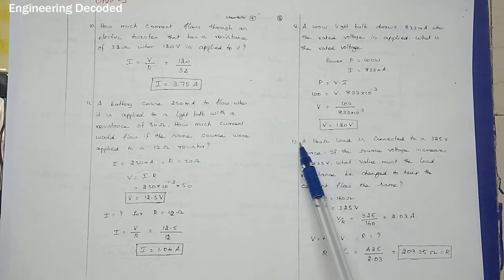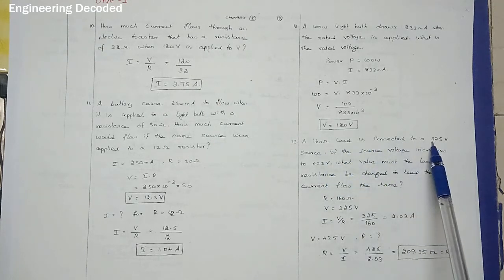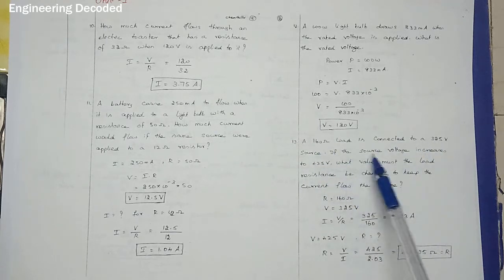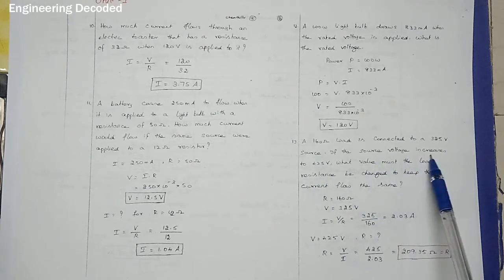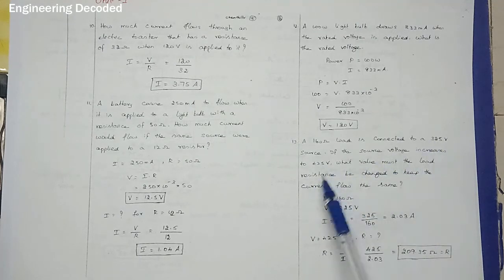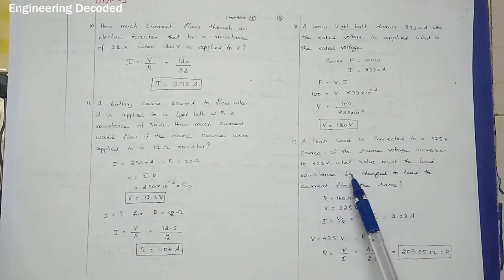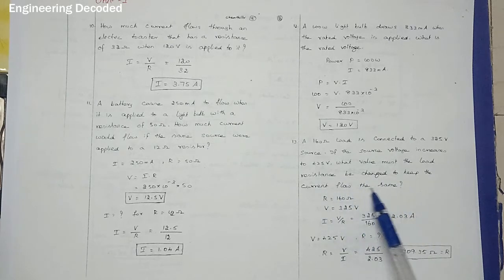Check this problem. A 160 ohm load is connected to a 325 volt source. So resistance is given, voltage is given. If the source voltage is increased to 425 volt, what value must the load resistance be changed to, to keep the current flow the same?